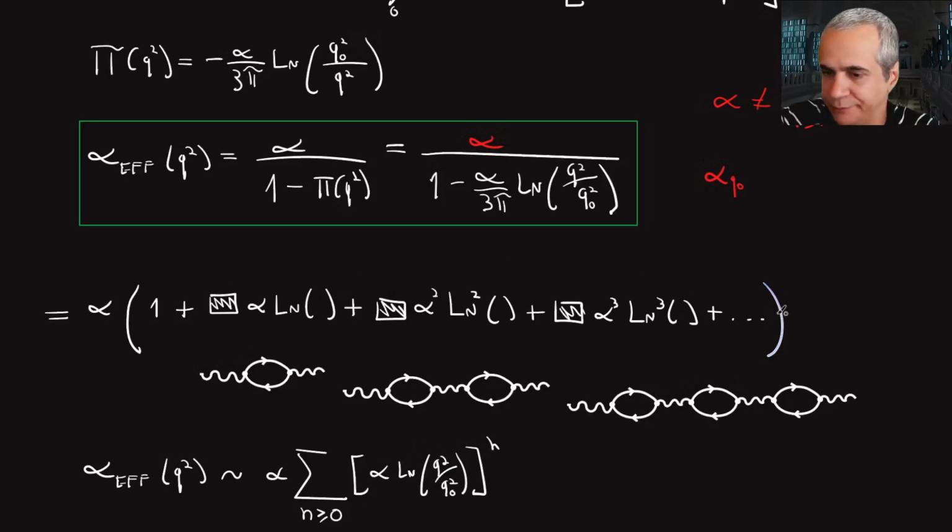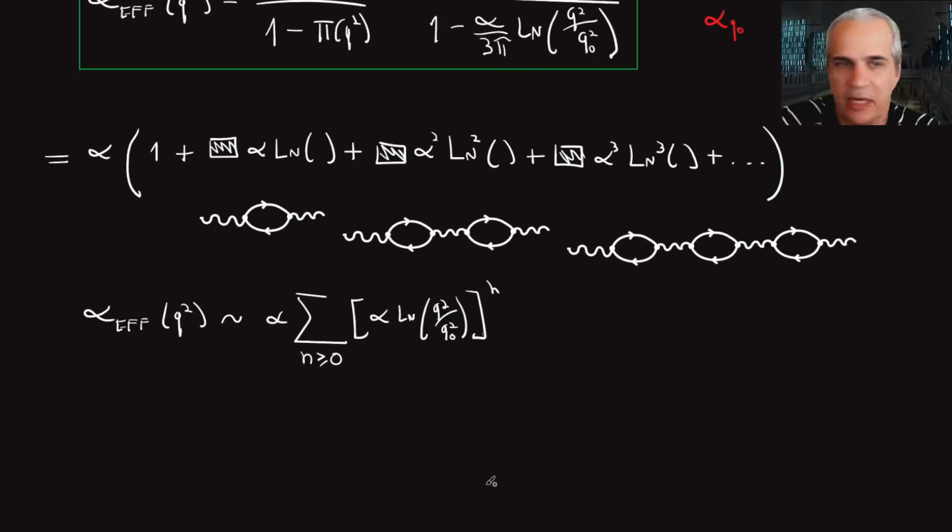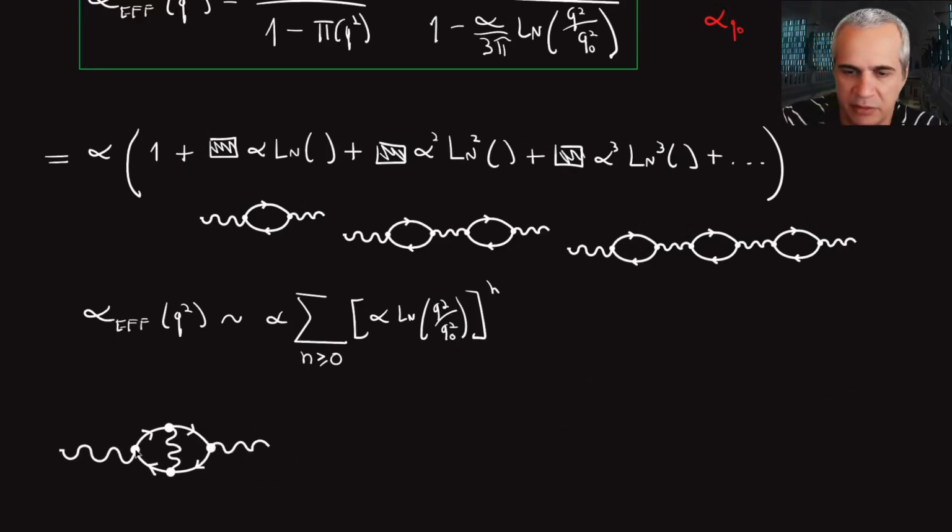But the thing is, when I do that, I'm including alpha to high powers, alpha square, alpha cubed. And we know there are two loop contributions that also have this order. In QED, the next one would be this one. This guy is, you see, there's 4 electric charges here, so it's e to the 4th.